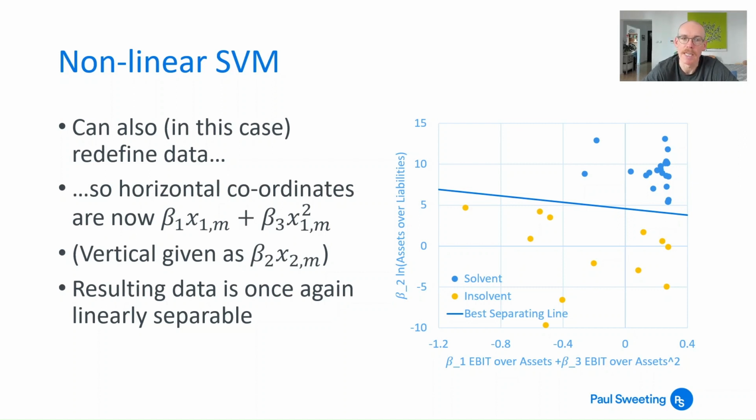That is also quite interesting. And in this case, we've got the vertical as beta 2 x2m. So you can see that if you move to high dimensions or you use a non-linear expression to try to separate the data, you can still carry out SVM even if you can't just take out a ruler and plot a straight line or hold the ruler as a plane between your data points.